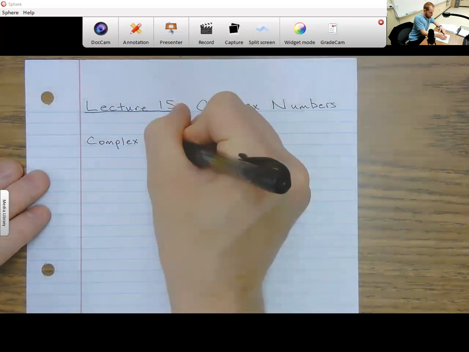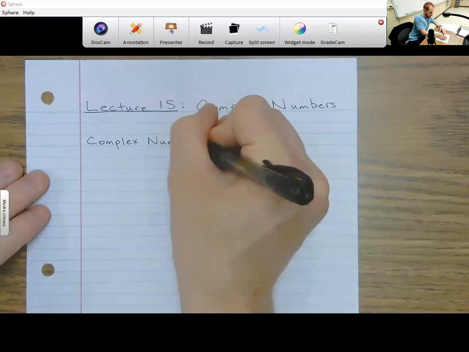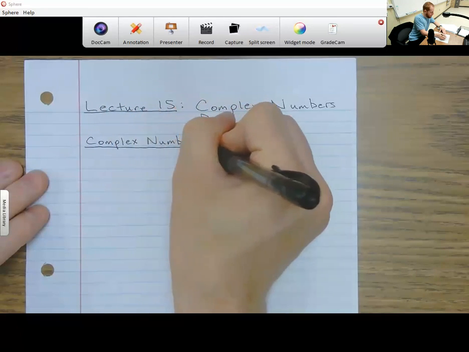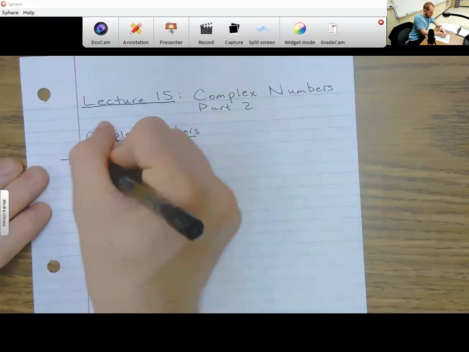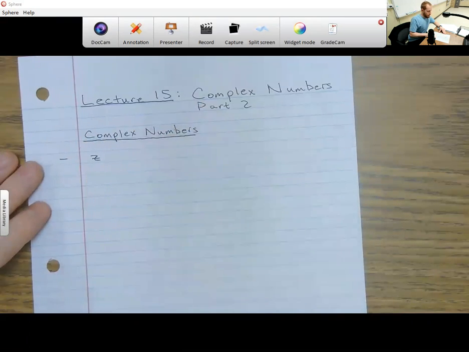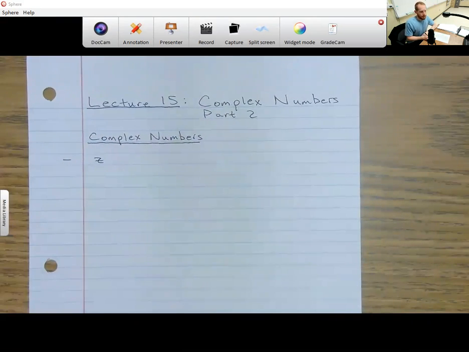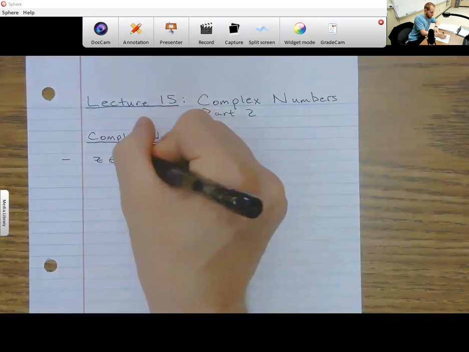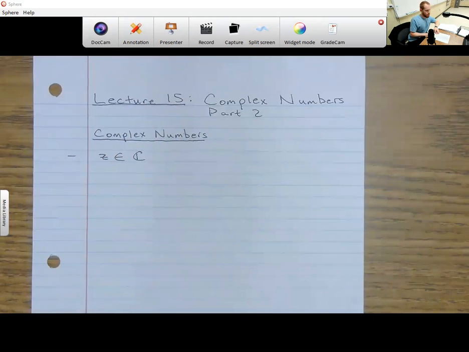First of all, we learned that the complex numbers have a real part and an imaginary part. So for any complex number, usually when we talk about complex numbers, we use the symbol Z. And what we're going to say is Z belongs to the set of all complex numbers.